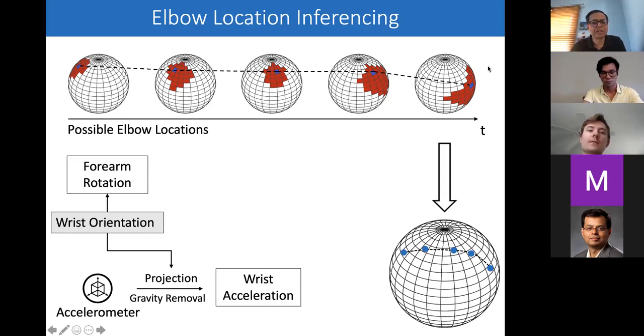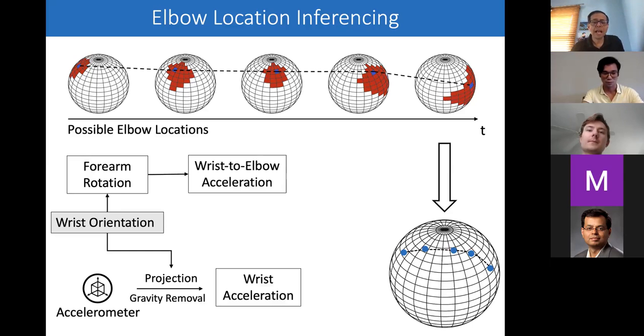From wrist orientation, you can get wrist acceleration. How? Well, you get wrist orientation, you project your local coordinates to global, you do gravity removal, and then you double integrate the accelerometer, and you get wrist acceleration.